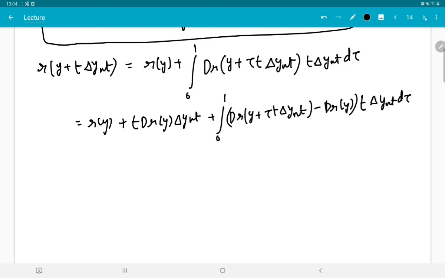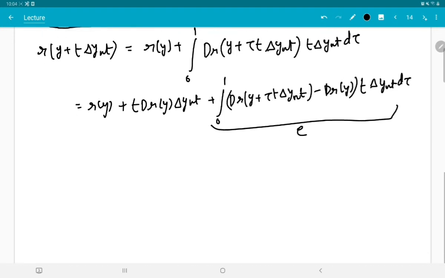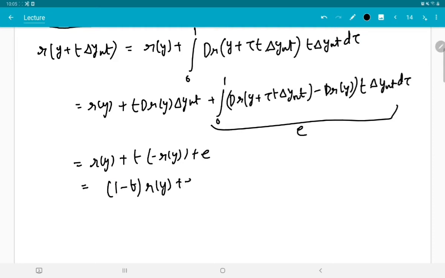And let us call this term E. So now we have r y plus t times, this is minus of r y, so minus r y plus E, or rather just 1 minus t times r y plus E.